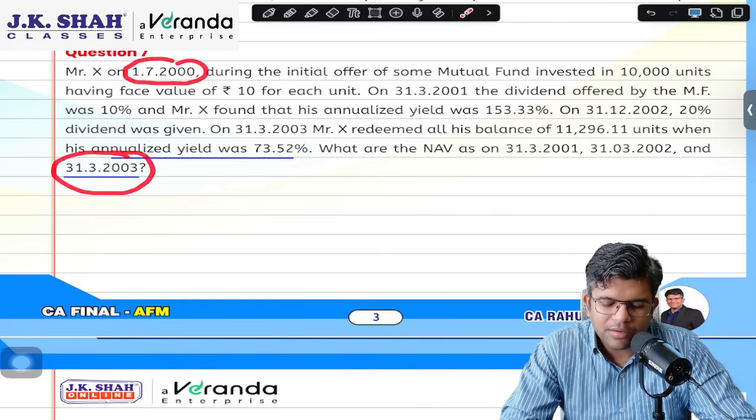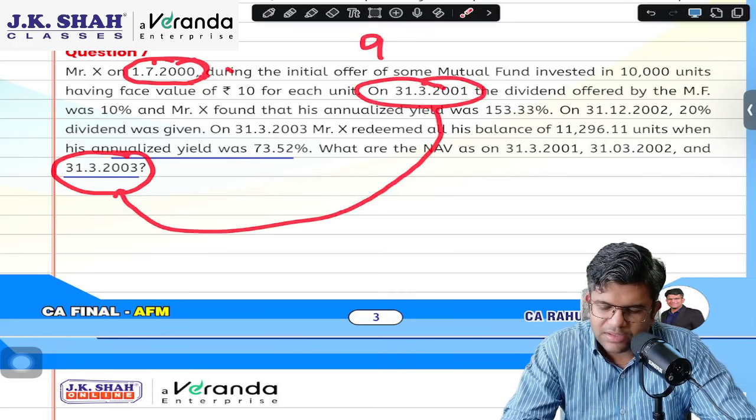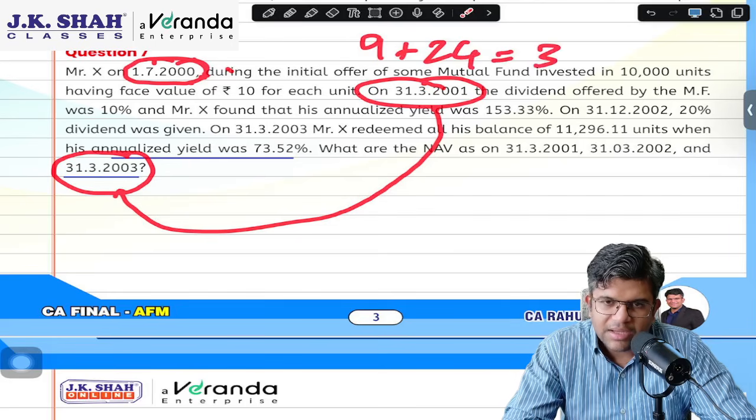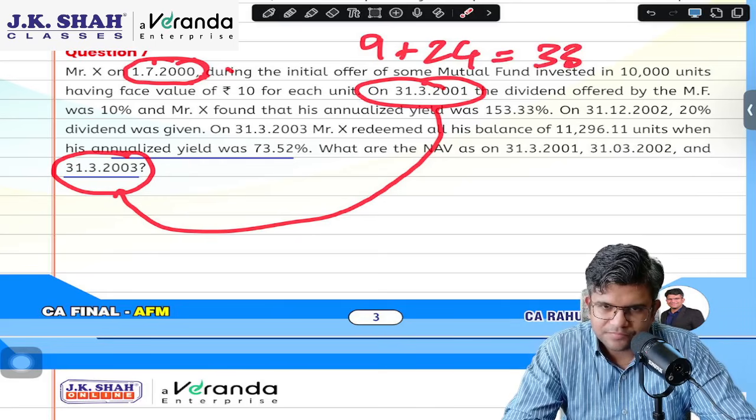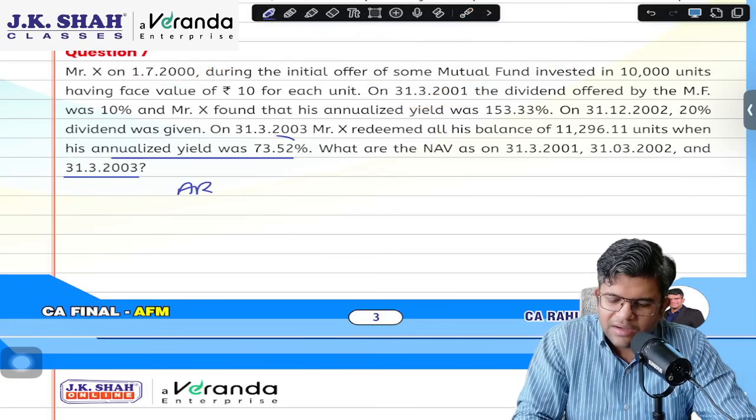Can you please count? I think from 2000 to 2001, there were 9 months. And from 2001 to 2003, there will be 24 months. Can I say 33 months a total holding period? Everyone clear with this? 33 months, all clear?